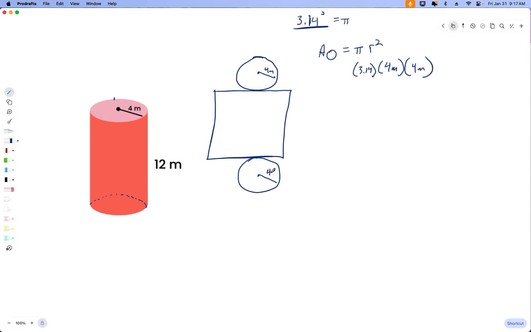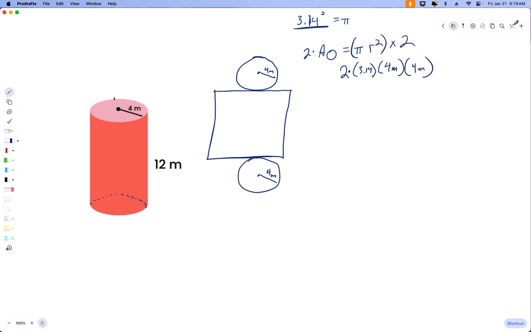We're going to do it again for this circle, so we're going to use that measurement twice. We're going to say 2 times this, because we've got two circles. We've got a circle just like it on the bottom. So we have 2 times the area of the circle, pi r squared. This is times 2 because you have a top and a bottom that are exactly the same.